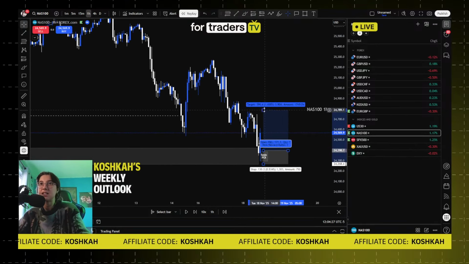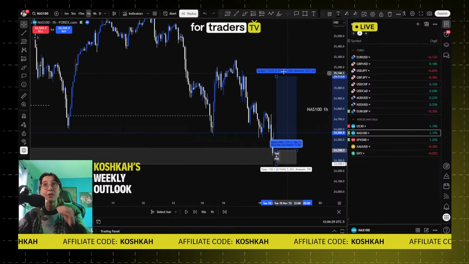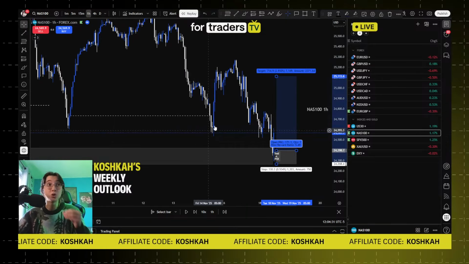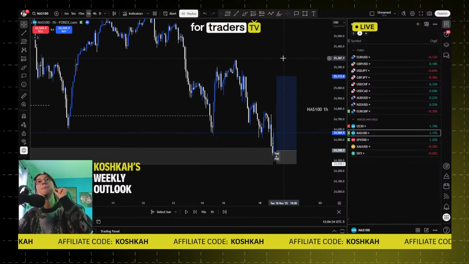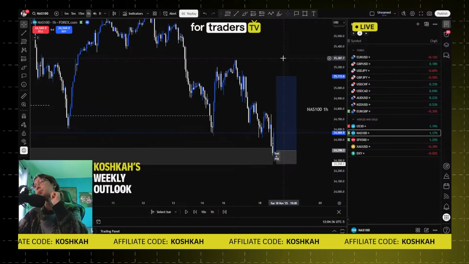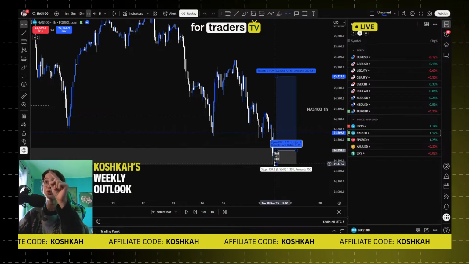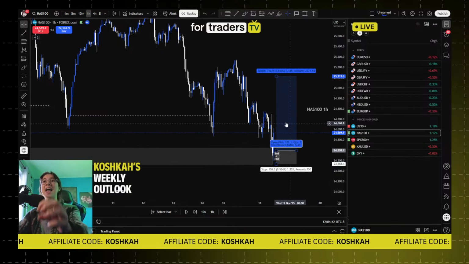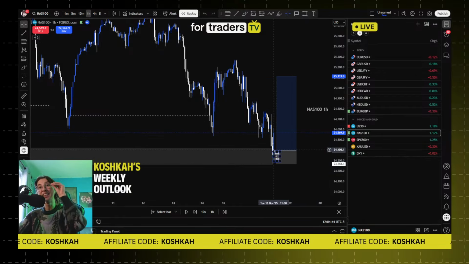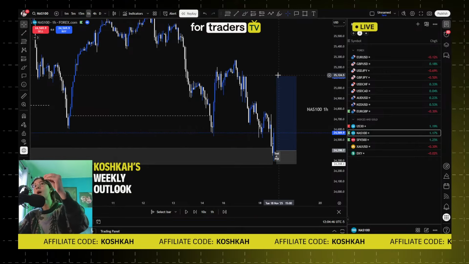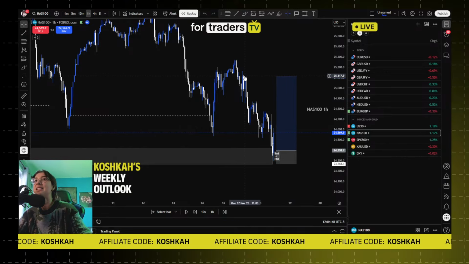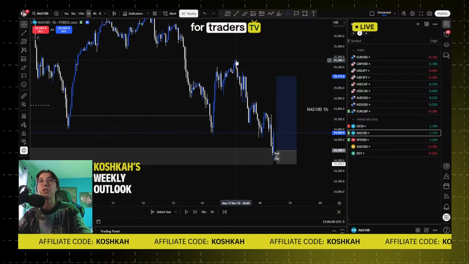Same thing for NAS. This was the take profit final. You know why? Because on Wednesday, I did a live stream on TikTok as well, and I was taking this trade live, and this is exactly what I was explaining. I was explaining that this is the high we need to target because the other one is really far away.